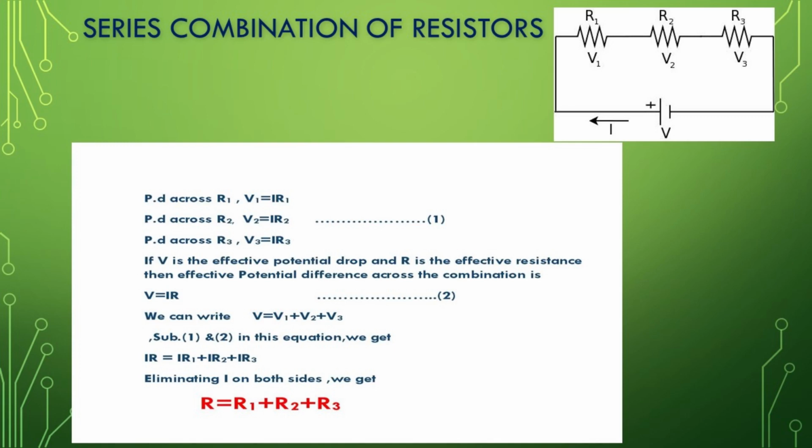Eliminating I on both sides, we get R equal to R1 plus R2 plus R3. Thus, effective resistance of series combination is equal to the sum of resistances of individual resistors.